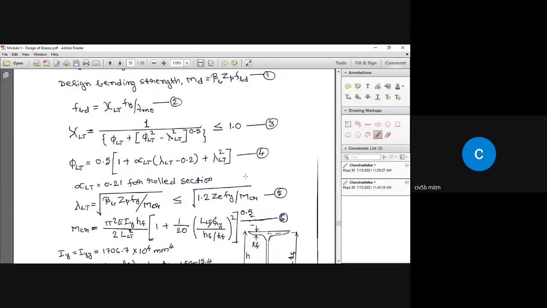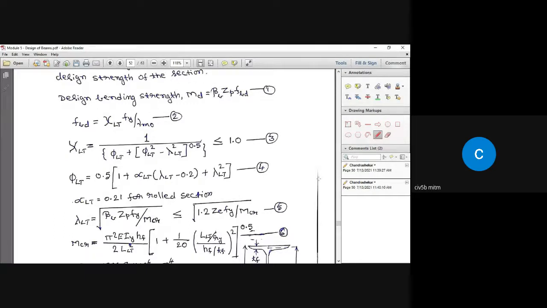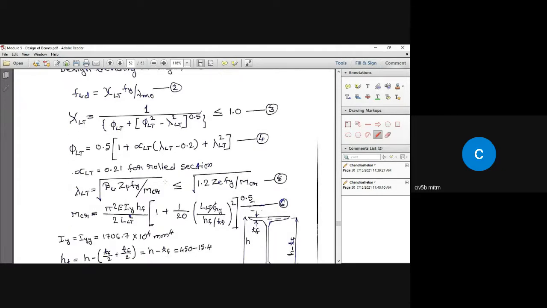Whatever I have written here is from the code, and I have called those formulas by equation number 1, equation number 2, 3, etc. Look here, in a sequence.